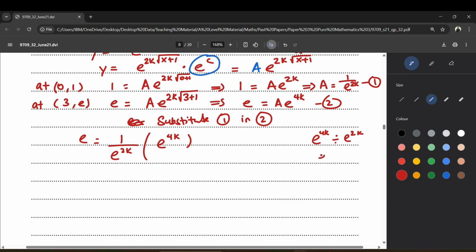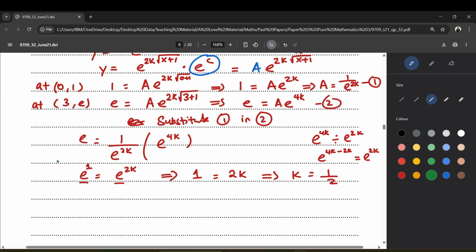The bases are the same, so the powers are going to subtract. So 4k minus 2k, that will be e to the power 2k. So we can say that e is equal to e to the power 2k. All right, so because our bases are the same, the power will also be equal. This will be 1 is equal to 2k, and therefore k will be equal to half.